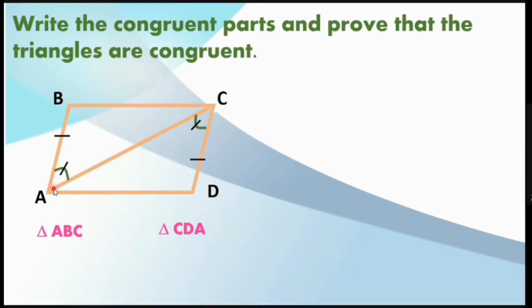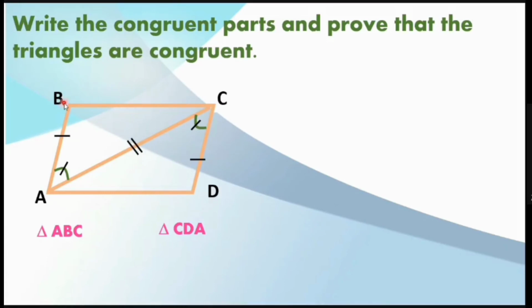So meaning, we can say that side AC corresponds to itself, or side AC is congruent to itself. Or we can actually say that this part here is actually the third pair of parts that are congruent.